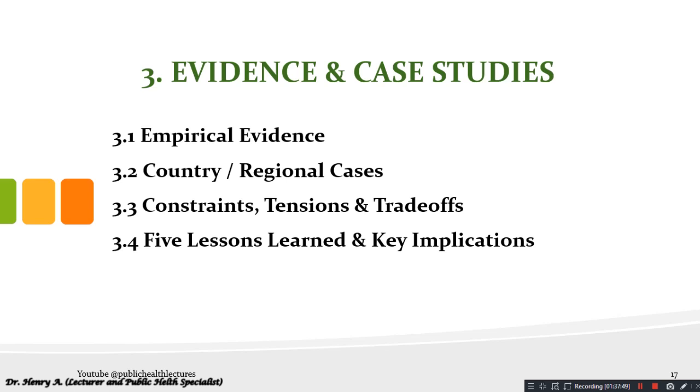You will find the table at the end of this particular section, and you can take your time to study the constraints and tensions, the description and the evidence, and the implication to public healthcare, universal health coverage, and the SDG alignment. Now let us see the lessons learned.